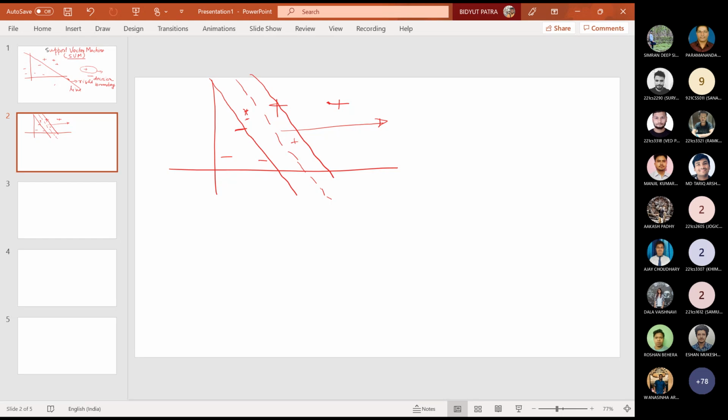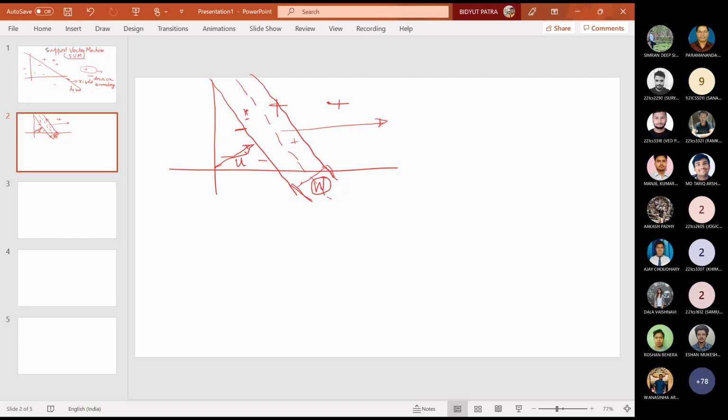Let's say this is a street here, and this is the width of the street. Then we have a vector that is perpendicular to the street.